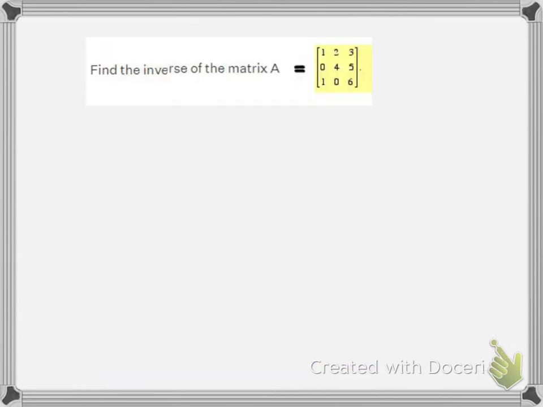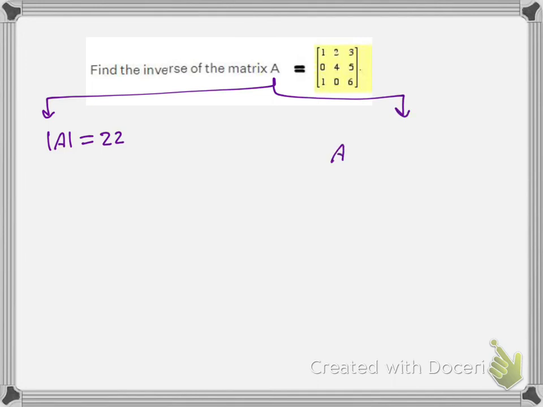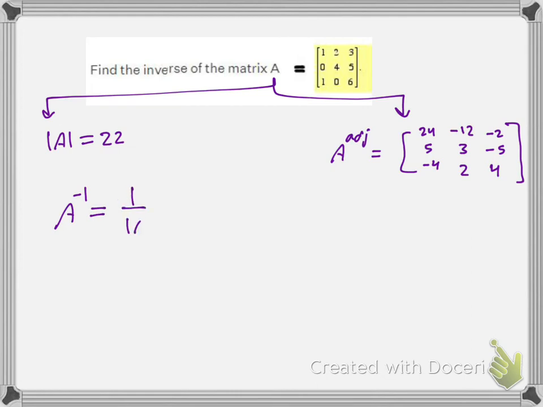Then, as you saw before, from the matrix A, we have obtained the determinant of the matrix A, and it was 22. And for the matrix A, we have obtained the A adjoint. Then, to obtain the A inverse, this is equal to the rule of the inverse, 1 by the determinant A multiplied by the A adjoint.